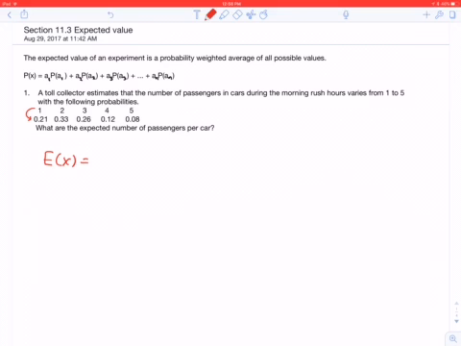So the toll collector observes one passenger in the car 21% of the time, two passengers in the car 33% of the time, three passengers in the car 26% of the time, four passengers in the car 12% of the time, and five passengers in the car 8% of the time.